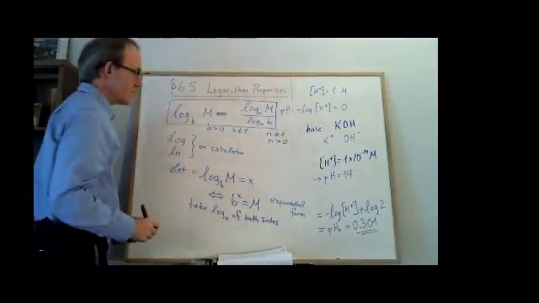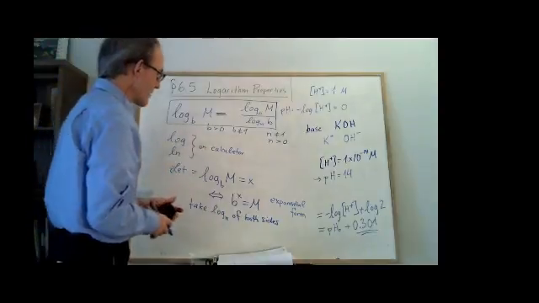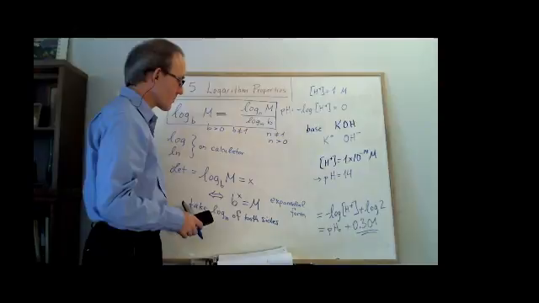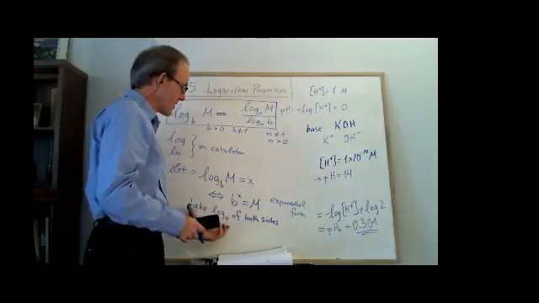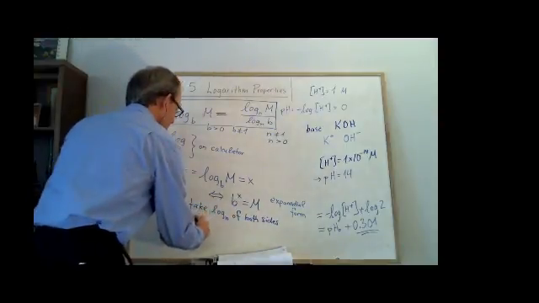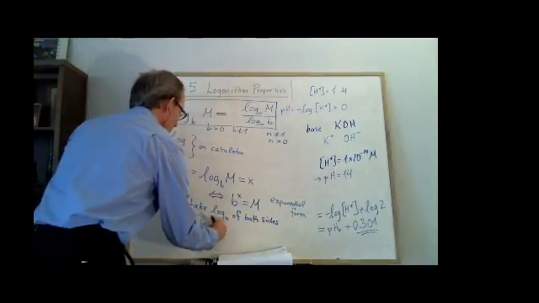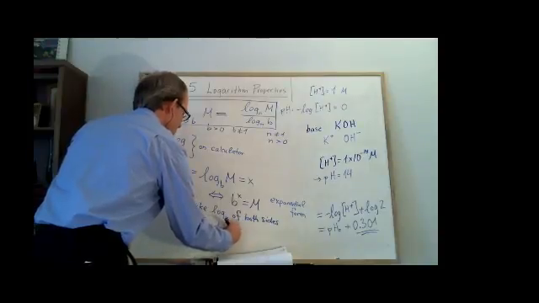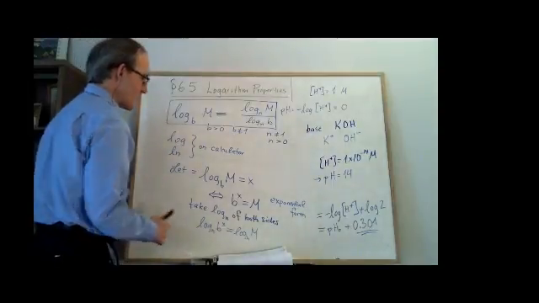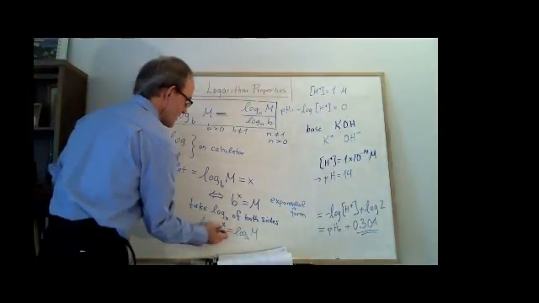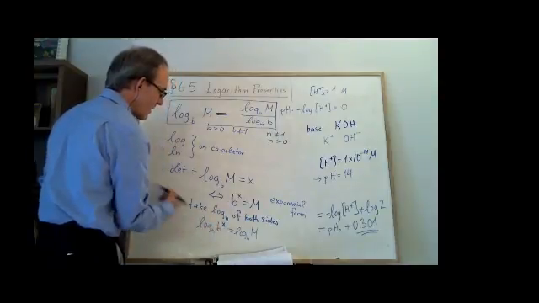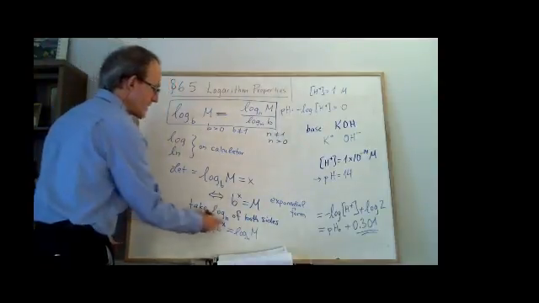Because the logarithm is a function, if I plug in the same argument, I should get the same answer. So log base n of b to the x should be equal to log base n of m. Now I have this expression, log base n of b to the x. Well, I can use the power law for logarithms and take the x outside.